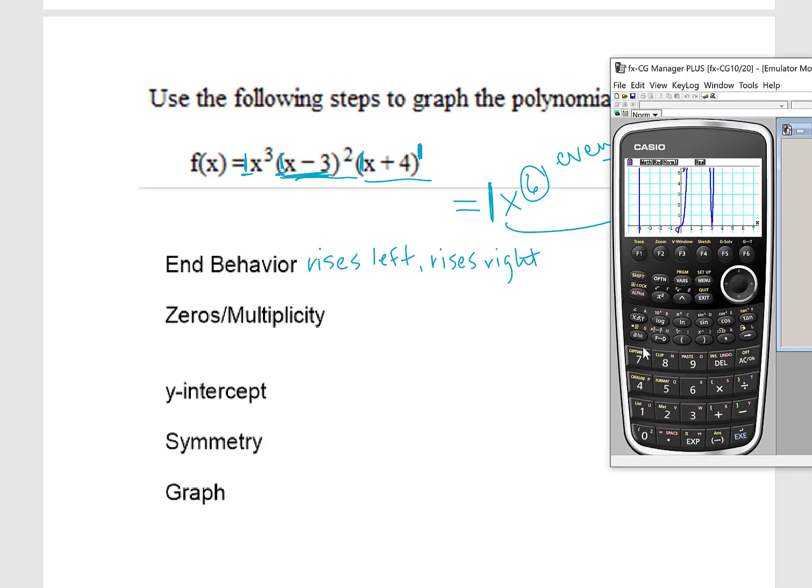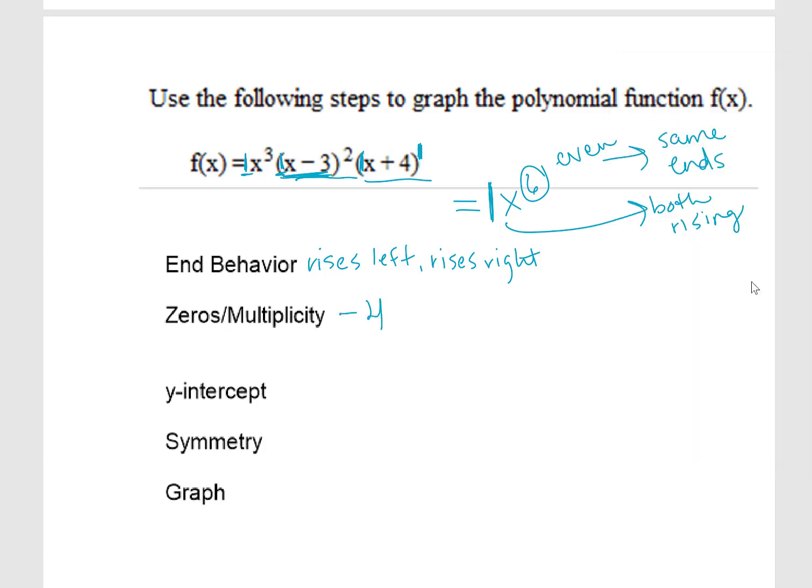Okay, zeros, remember we'll do G-solve root. It gives us that first one at -4. Then I'm going to arrow over to the right. 0 and 3. So -4, 0, and 3.